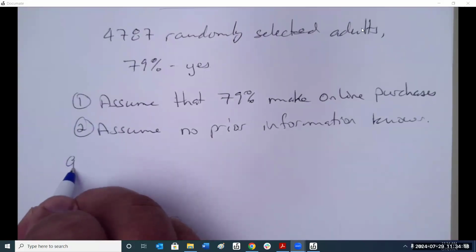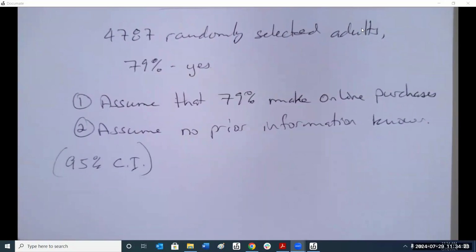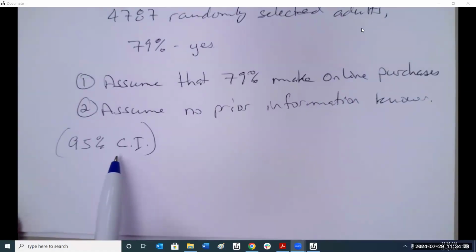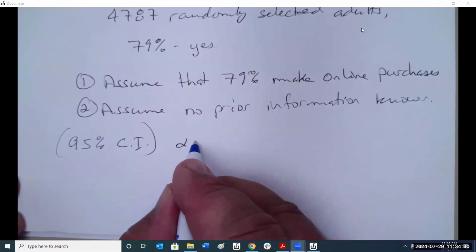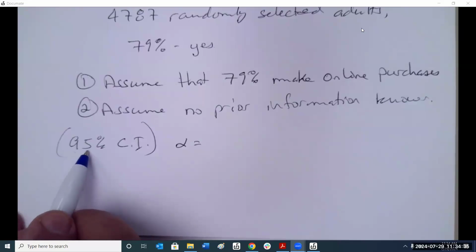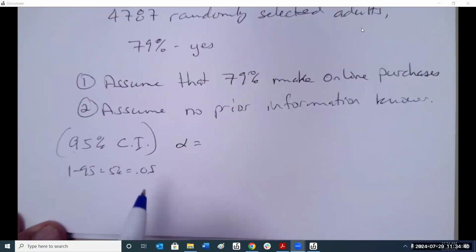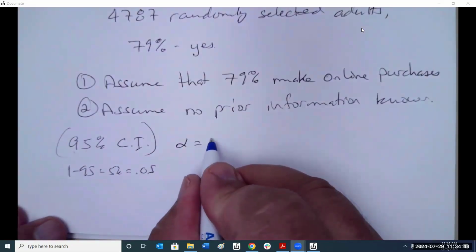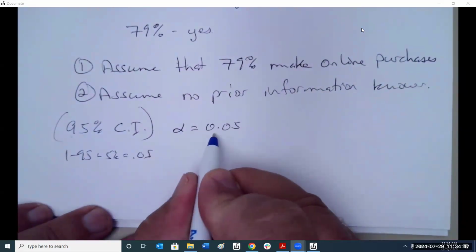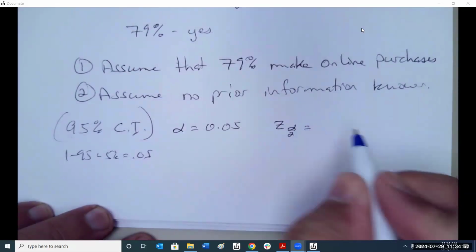Okay, so we're gonna use a 95% confidence interval. If we have a 95% confidence interval, what's our alpha? 1 minus 95% is 5%, which is 0.05. If that's our alpha, what's our Z alpha over 2?